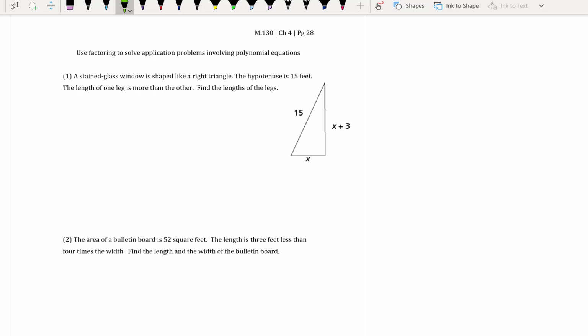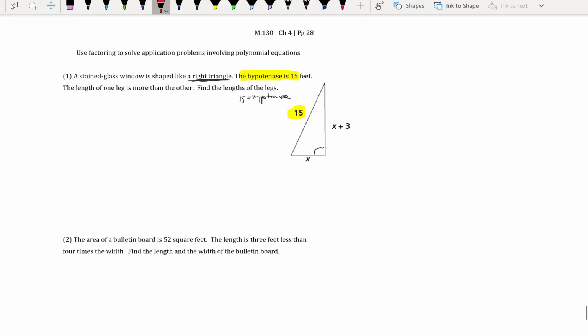So we know from before that if we have a right triangle, that really means there's a square. And I knew the square was going to be there because it specifically said that the hypotenuse is 15 feet. So I know that my 15 is equal to my hypotenuse.